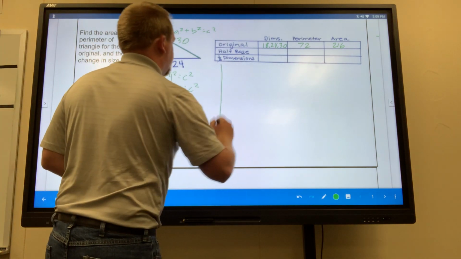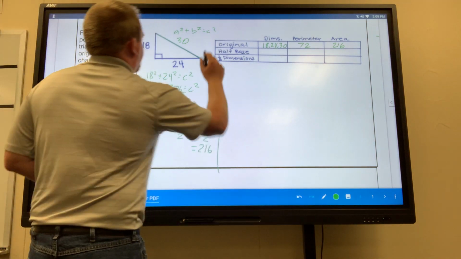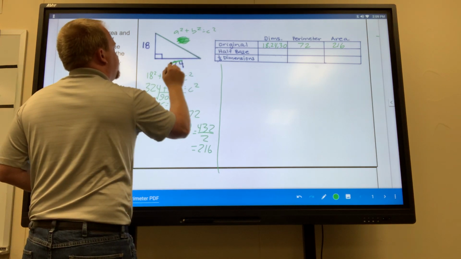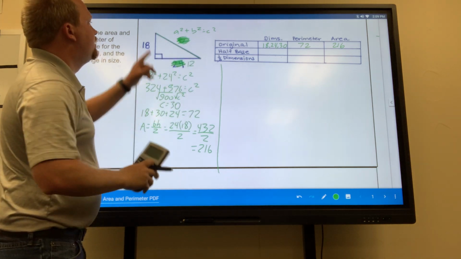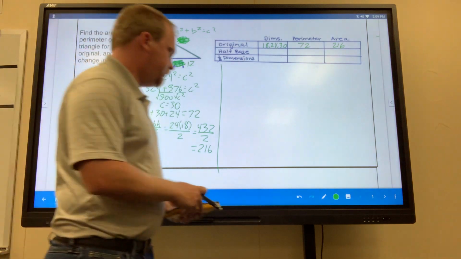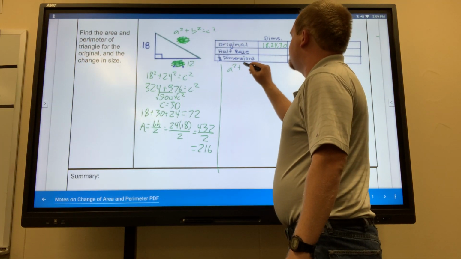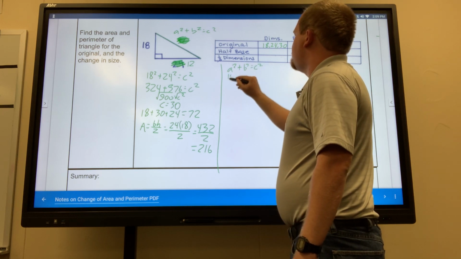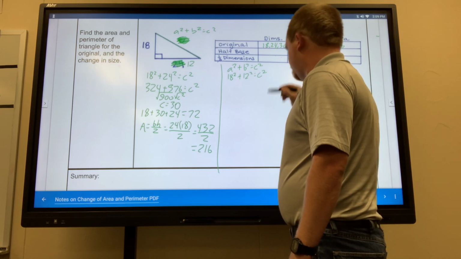Now, just to split it up and separate it, let's say I want to do half the base. So this changes. If I change the base to make this 12, it does change this distance. It wouldn't necessarily be half. And to prove it to y'all, I can still use the Pythagorean theorem to say 18 squared plus 12 squared equals c squared.